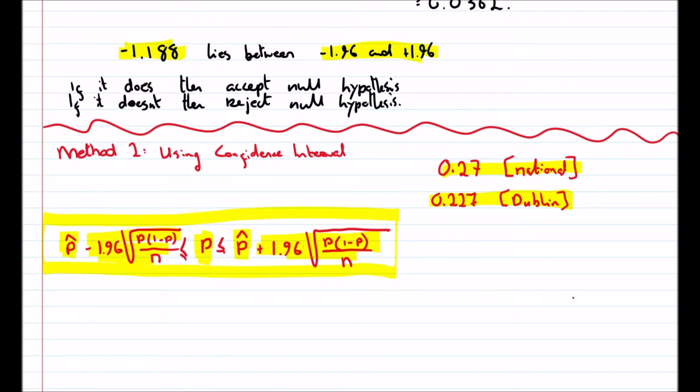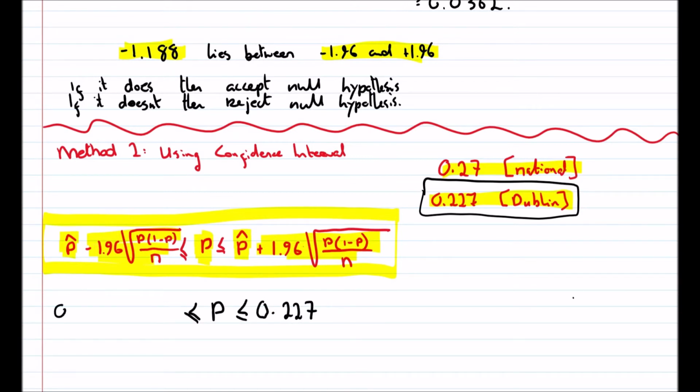Right, so here's what we do. This is the survey we did, so it's 0.227, and over on this side 0.227.